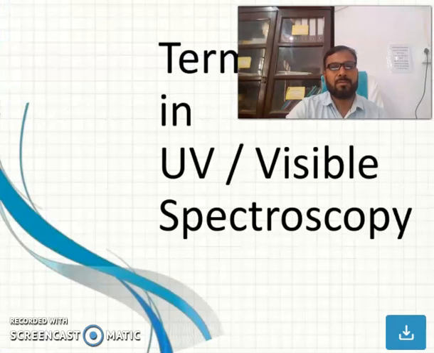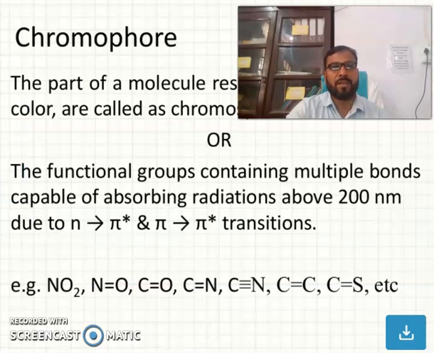So, you should also know the terms used in UV visible spectroscopy. Chromophore. This is very important for exam purposes. What is the chromophore? The part of a molecule responsible for imparting color is called a chromophore, or the functional group containing multiple bonds capable of absorbing radiations above 200 nanometer due to n to pi star and pi to pi star transitions.